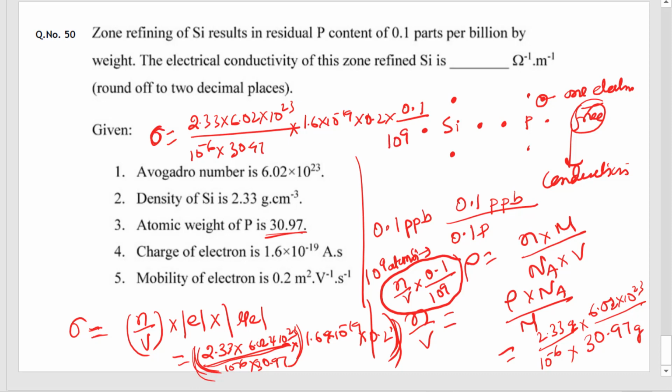So this will be the final conductivity. If we calculate this, it will become 0.1449. Okay guys, so this is the answer, and this was the last question of physical metallurgy. So thank you all for listening.